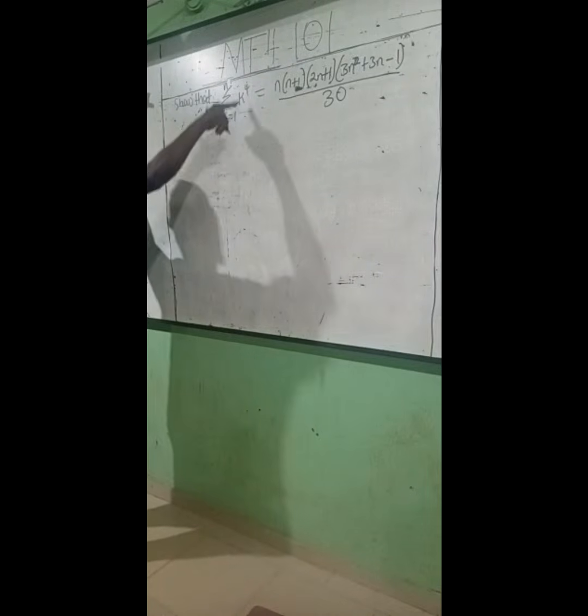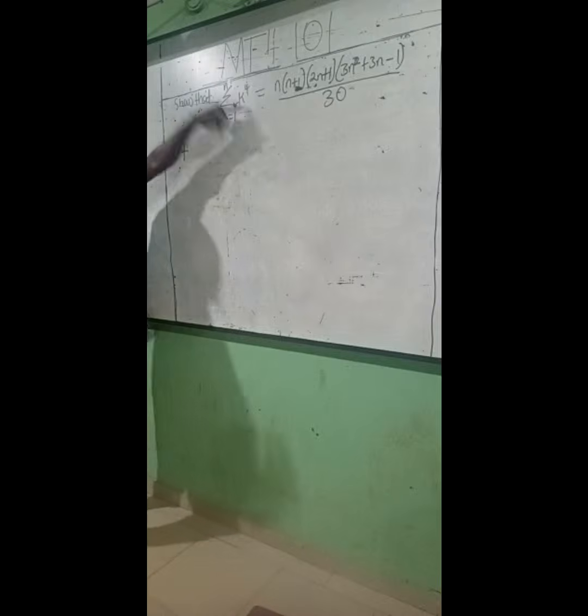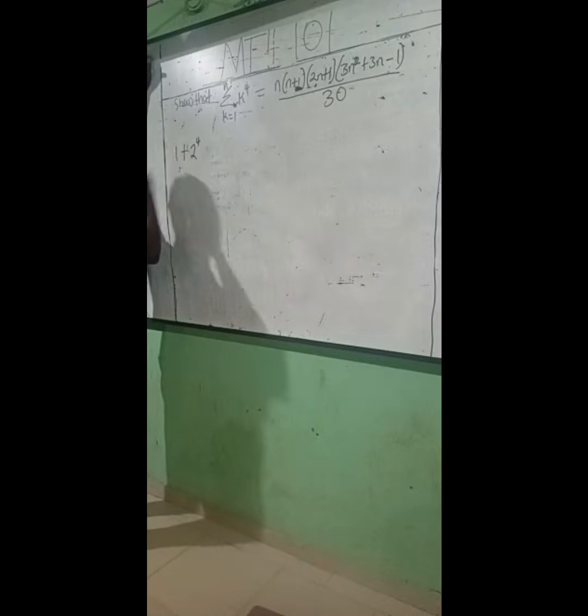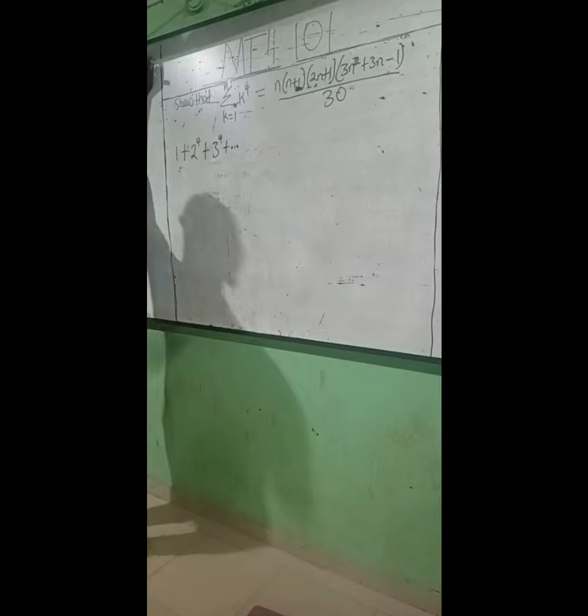Now if k is 1, what will this be? 1, right? Since this means summation, then you add. If k gets to 2, what will this be? 2 raised to power 4, right? When k gets to 3, what will this be? But there's no time to write everything, just write dot dot dot. Are we together?